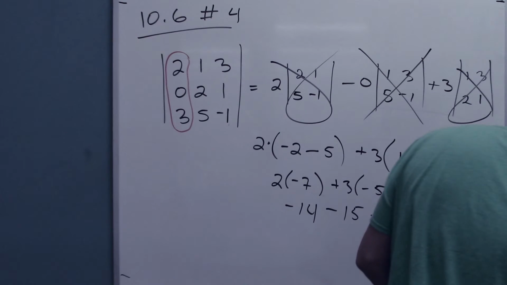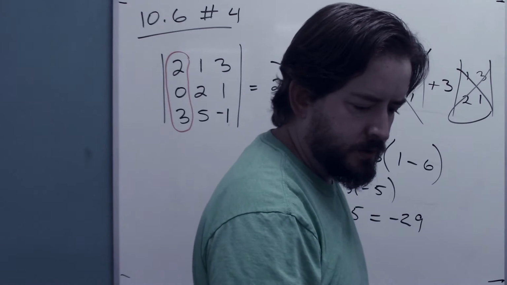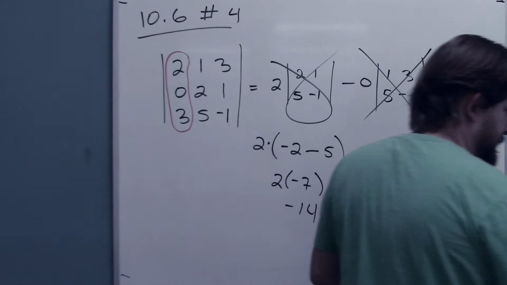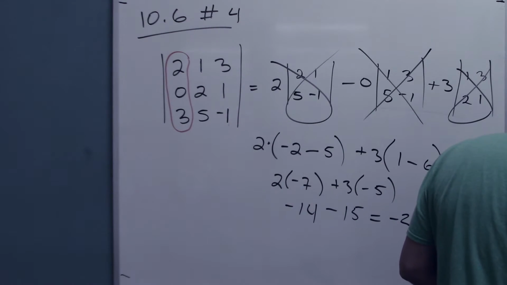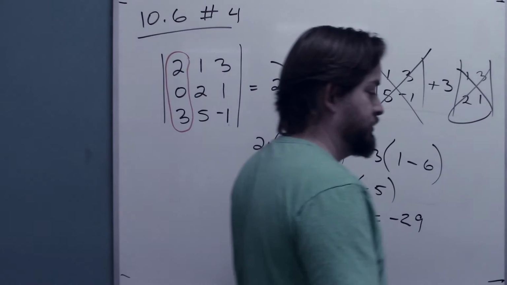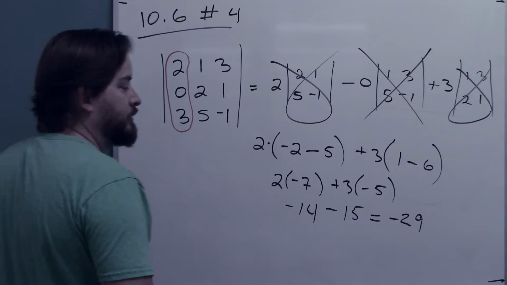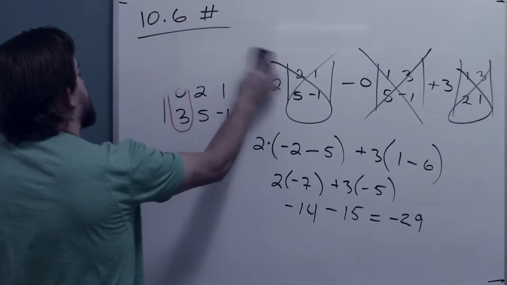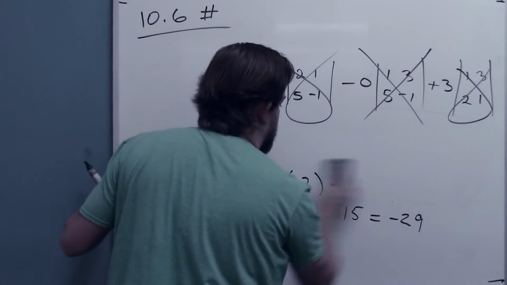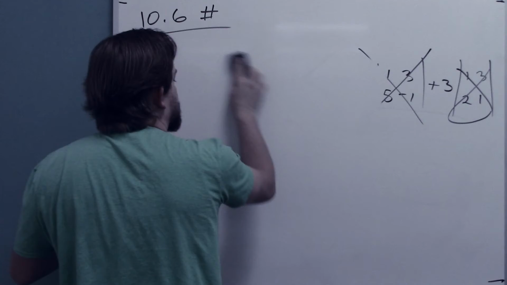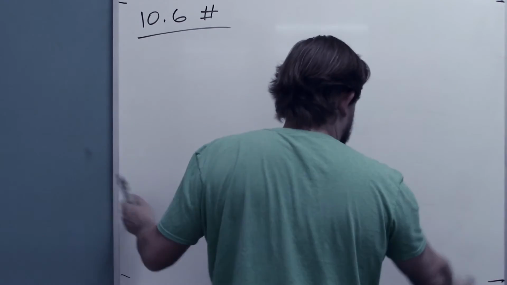All right, and then the other one asked was number 10, which says, use Cramer's rule to solve the system of equations. So Cramer's rule is all about these determinants.